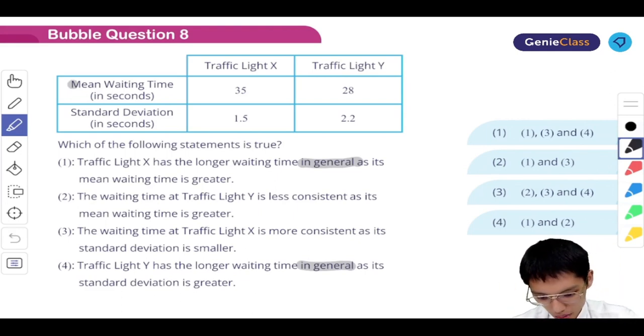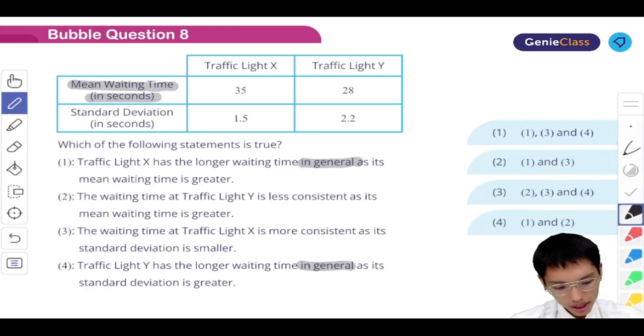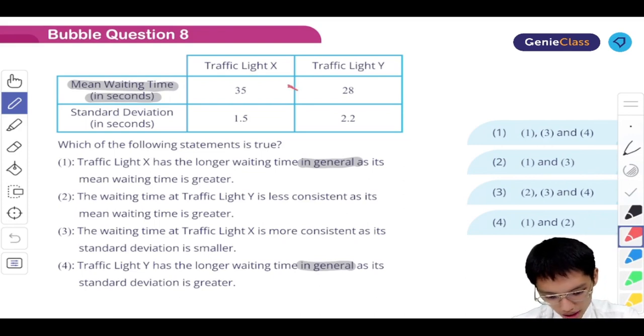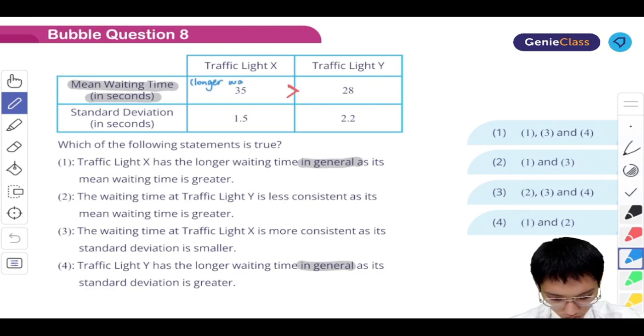So when we talk about mean waiting time, we are talking about, in general, which one has a longer waiting time. Looking at it, traffic light X has a longer waiting time in general, and traffic light Y has a shorter waiting time.